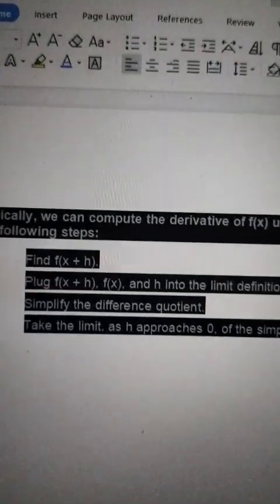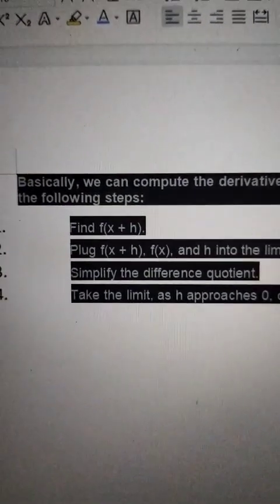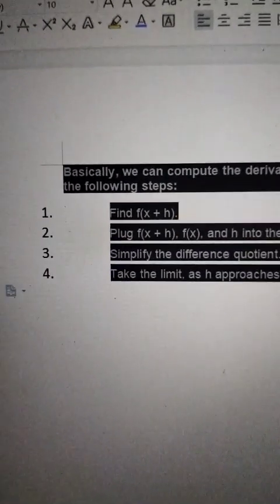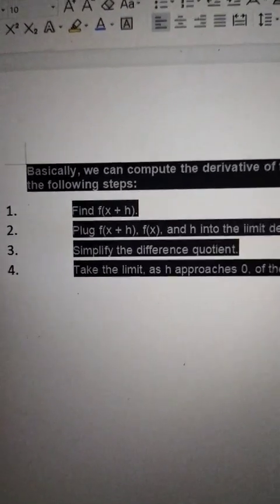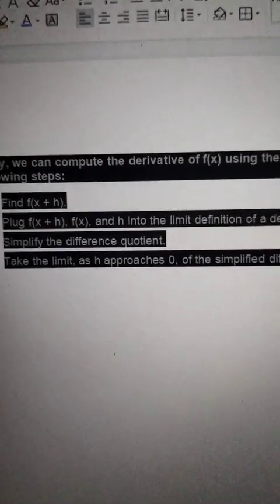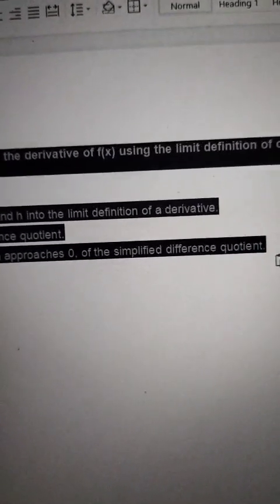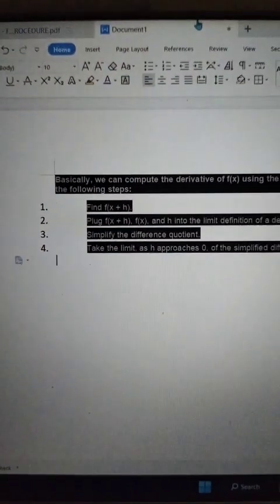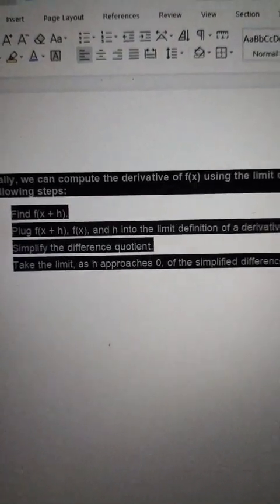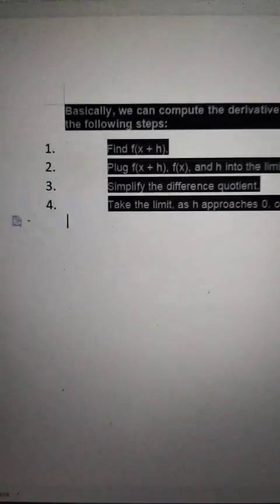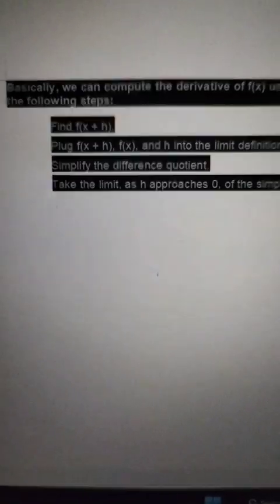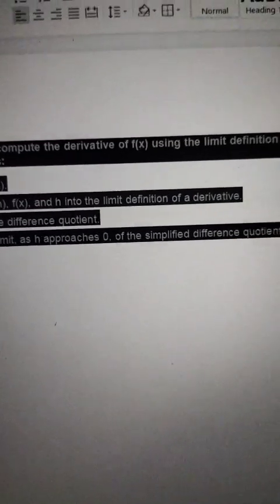First, find f(x + h). Then plug f(x + h) and f(x) into the limit definition of the derivative. Then simplify the difference quotient. Then take the limit as h approaches 0 of the simplified difference quotient.